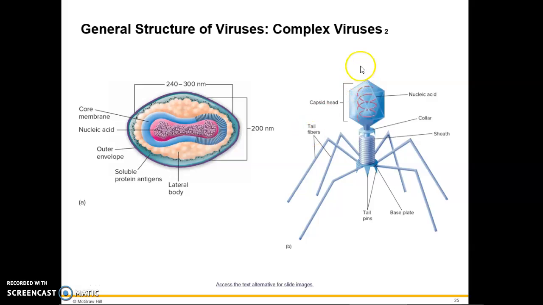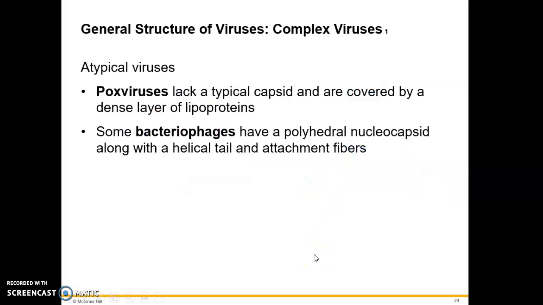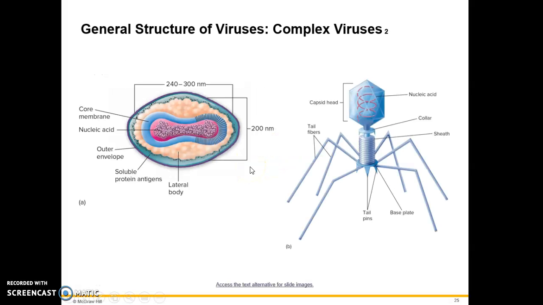The bacteriophage that I was talking about in the previous slide, the polyhedral nucleocapsid with the helical tail and attachment fibers, is here. To me, that is what you will typically see when you have cartoon viruses. It kind of looks like a spider. But you have the nucleocapsid, that's the polyhedral, and then you have these attachment fibers.